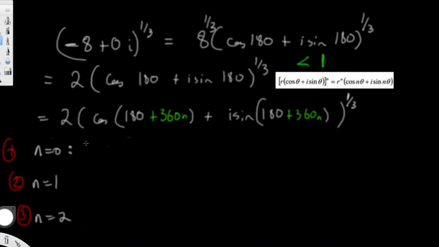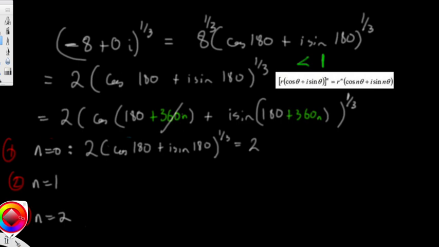So the first case it's going to be 2 and then cos of 180, and now n is equal to 0, so that's gone. So just cos of 180 plus I sine of 180, and this is to the power of 1/3. So that's going to be 2, and we use De Moivre's theorem. What does De Moivre's theorem say? It says take the n and put the n multiplying in front of the angle.